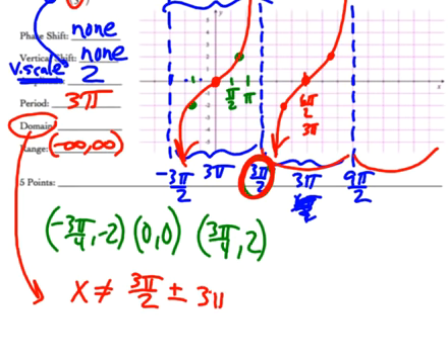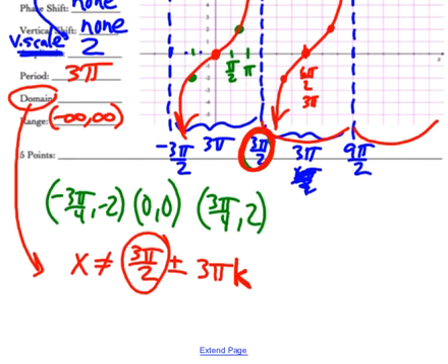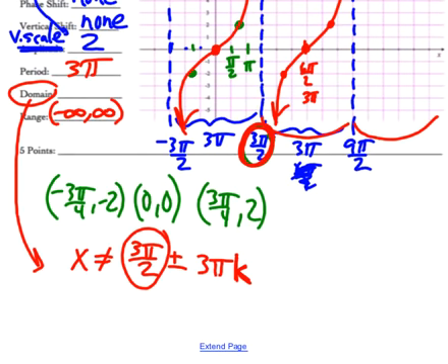We're going to have one of those vertical asymptotes. So the first value here is at 3 pi over 2 plus or minus that period, and then any whole number multiple of that period, which we're just going to call k. So it could be 3 pi times 2, or 3 pi times 4, or 3 pi times negative 2 if we want to go backwards in the negative direction, but that pretty much is going to do it for us.